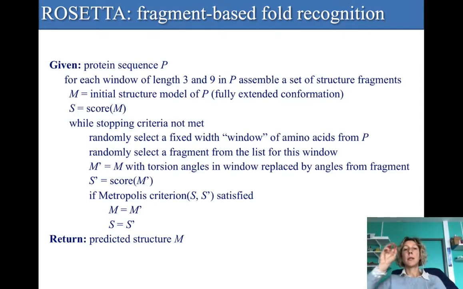You randomly select a fixed-width window of amino acids from P, randomly select a fragment from the list for this window, and then you set M' equal to M with torsion angles in the window replaced by angles from the fragment, and you recompute the score. And you use a Metropolis criterion to decide if you accept or not this new conformation, this new structure.